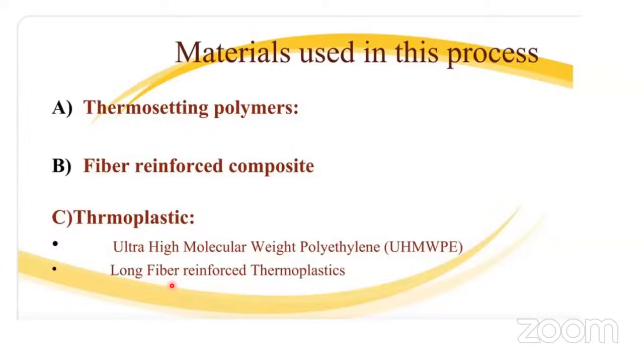They don't have a flow at all. Such a polymer can be processed on a compression molding press. Therefore, here ultra high molecular weight polyethylene and long fiber reinforced thermoplastic, maybe polyester resin, can be processed on this compression molding machine.